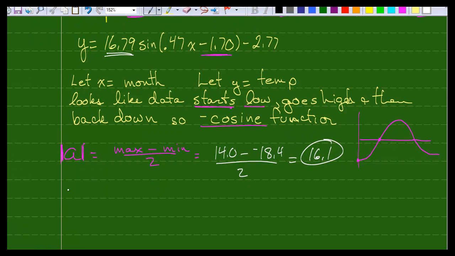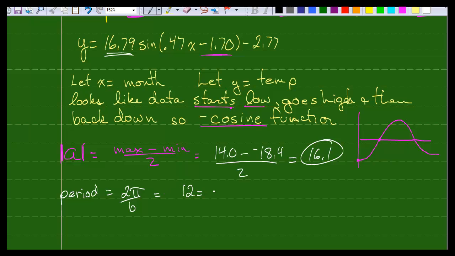Our period, remember, is 2 pi divided by b. So the period is 12 months.